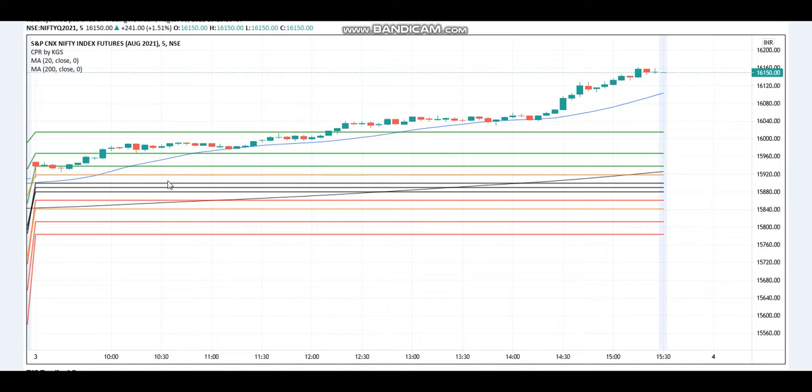This is the place, and here you can go short, here you can go short, here you can go short. So during the entire day, the market is in uptrend. Because I am a trader who uses CPR, central pivot range, pivot points and price action, I have taken this chart with the CPR only. This is the example of uptrend market.